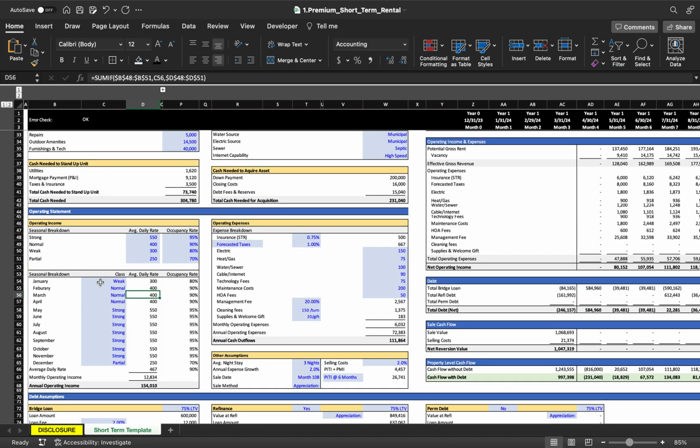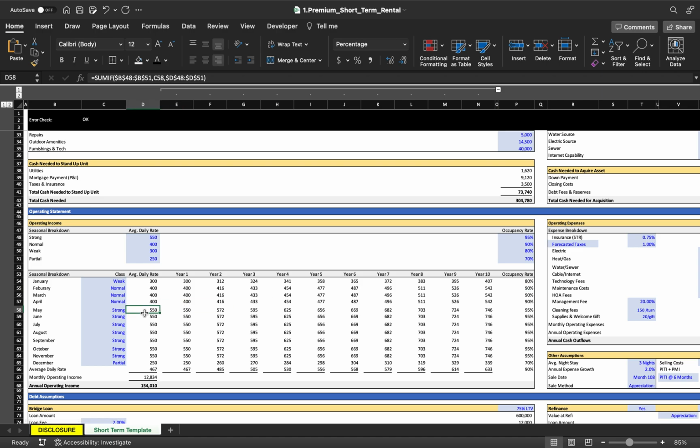So the way that we have that set up is in this operating income. Sorry, I'm hopping around, but I think this is going to be helpful for you to understand. Let's expand this. Okay, so you see the average daily rate. It's assigned based off of what we had dedicated up here to the specific seasonal breakdown. And then obviously when you assign a season to the month, it gives you that average daily rate that you assign.